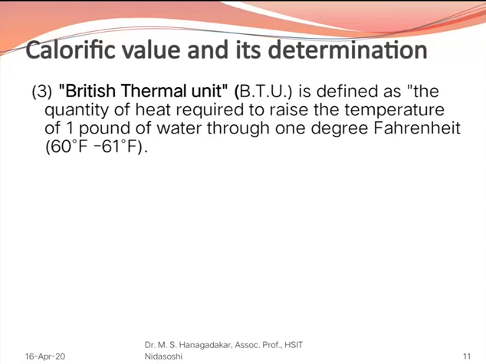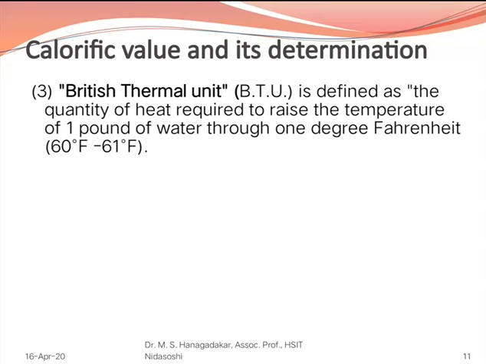The third unit is the British thermal unit, in short BTU. It is defined as the quantity of heat required to raise the temperature of 1 pound of water through 1 degree Fahrenheit.